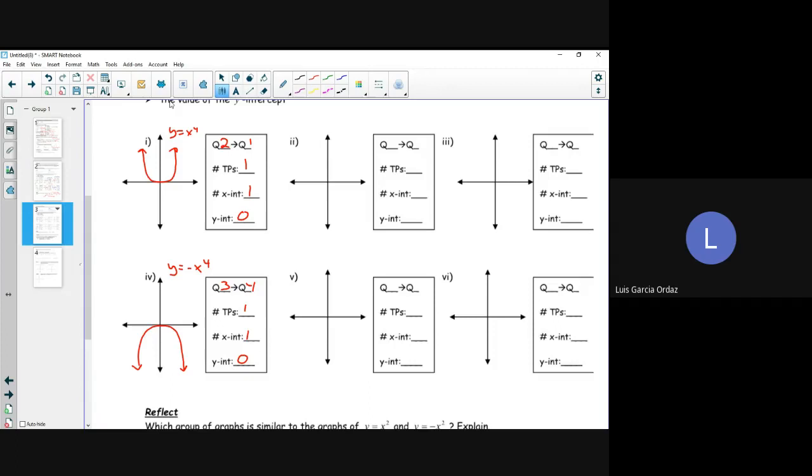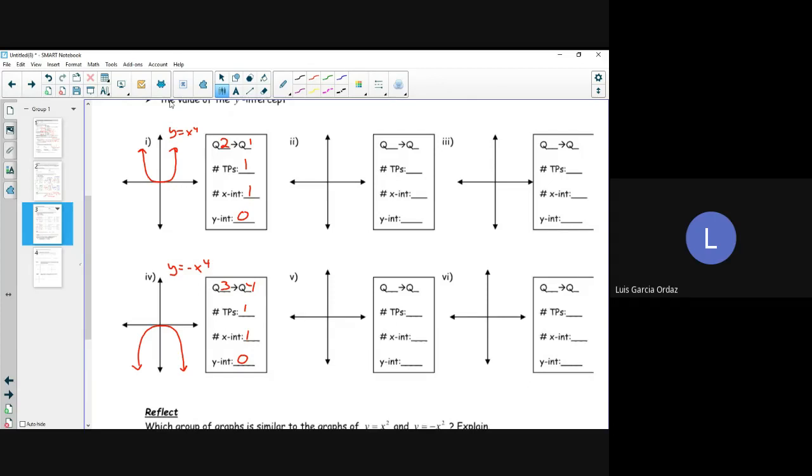So for the positive odd degree functions, as x approaches negative infinity, y approaches negative infinity. And on the positive side, as x approaches positive infinity, y approaches positive infinity. And when you change that positive a to negative, it just flips. We're going to discuss that as we go on.